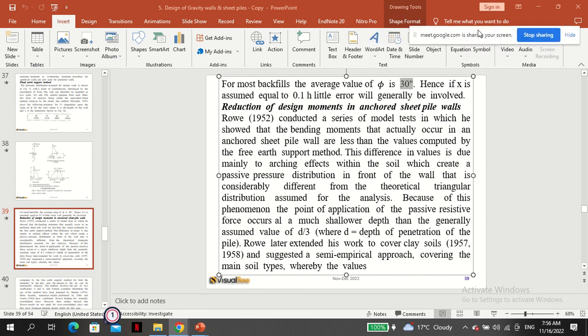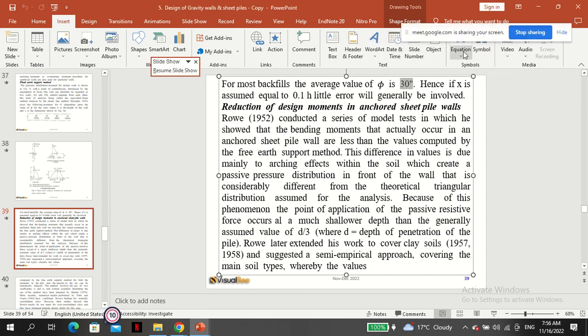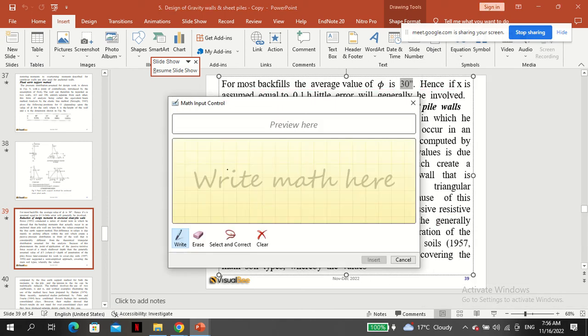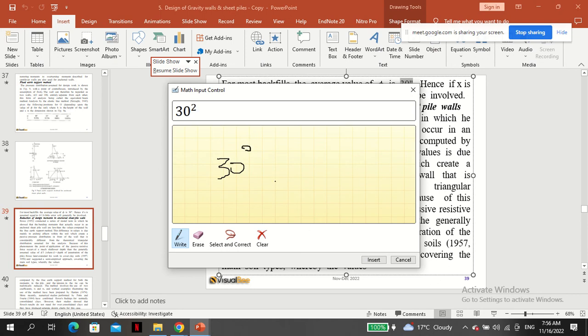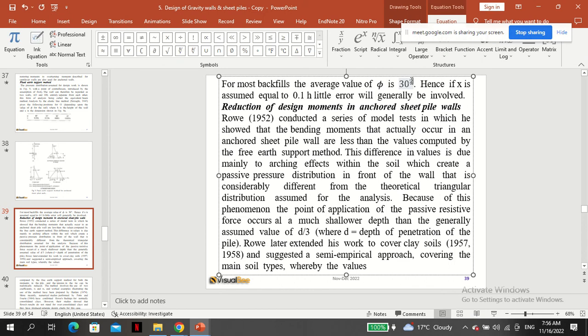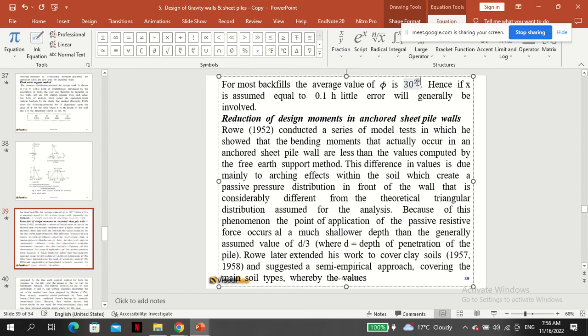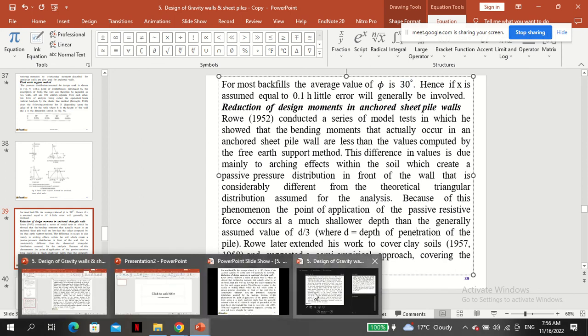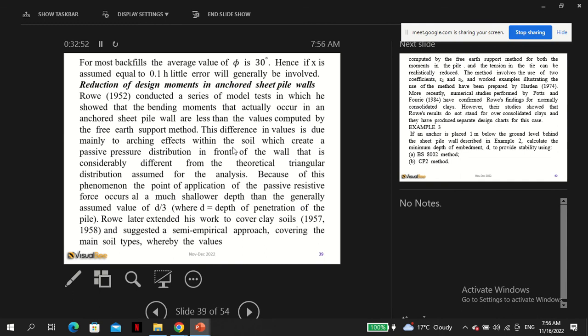Because you can just make an assumption on the position of x, or of the point of contraflexure.